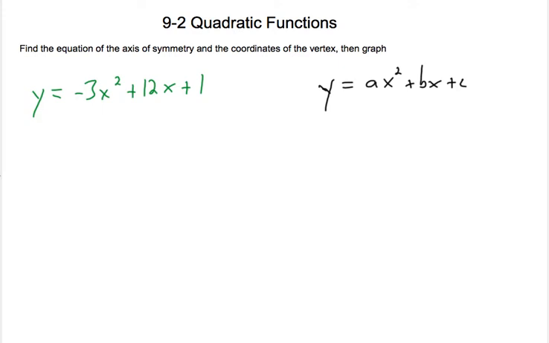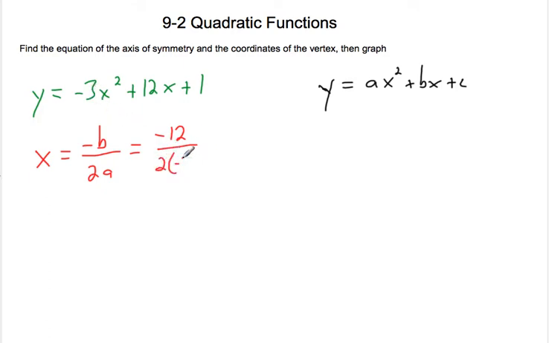So here's our original equation. Y equals -3x squared plus 12x plus 1. And some smart person figured out that the x value of the axis of symmetry will be located using this formula. So we take the negative value of b, so b in this case is 12, so we use -12, and divide that by 2 times the a value.